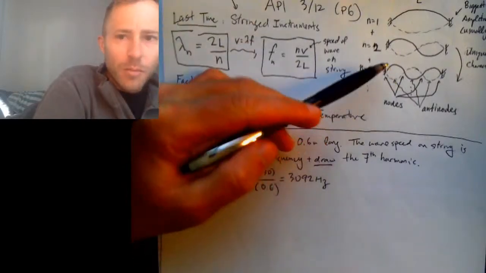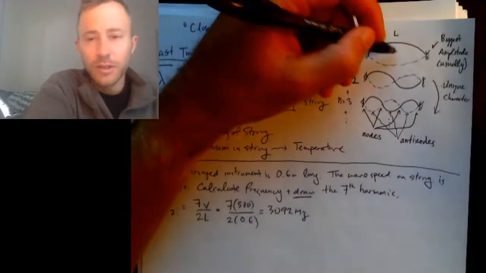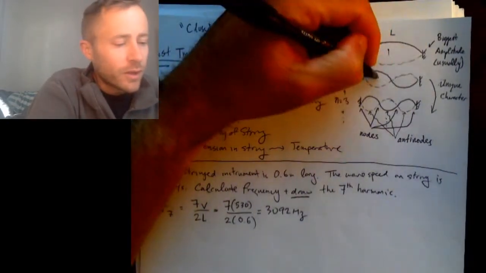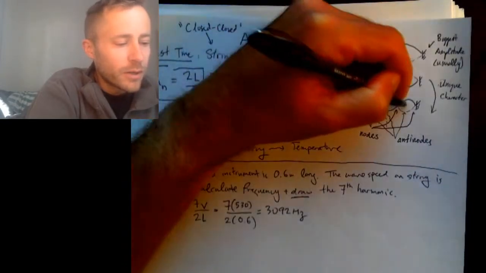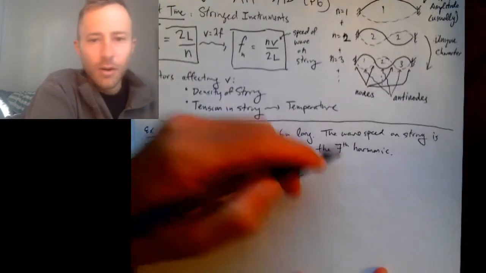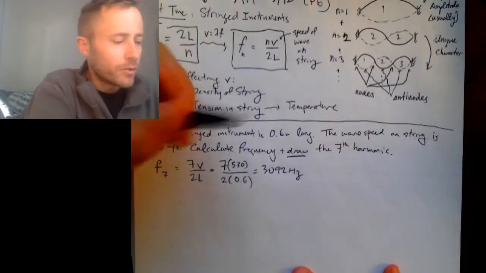Okay. And then, of course, it also says to draw the 7th harmonic. And so remember, harmonic number is related to the number of footballs. Okay, so we can see that the 1st harmonic has 1 football, the 2nd harmonic has 2 footballs, the 3rd harmonic has 3 footballs, etc. Okay, so the 7th harmonic is going to have 7 footballs.